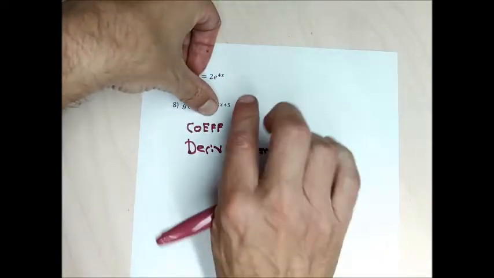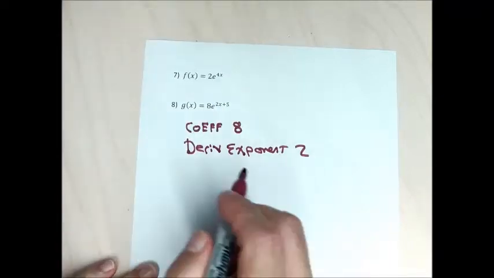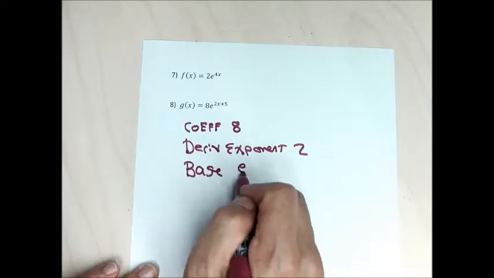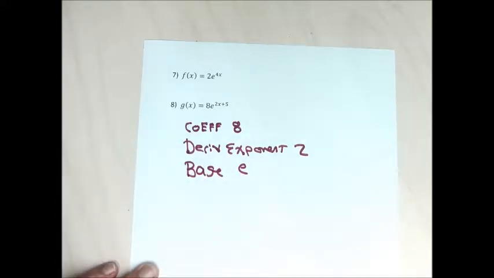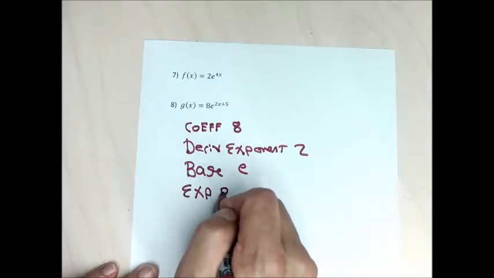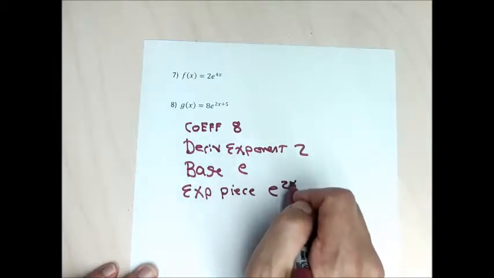And the derivative of the 5, since it doesn't have an x, is 0. So the derivative of the exponent is 2. The base is e, so I don't need to include the ln of the base part. And the exponent piece is the part without the coefficient.